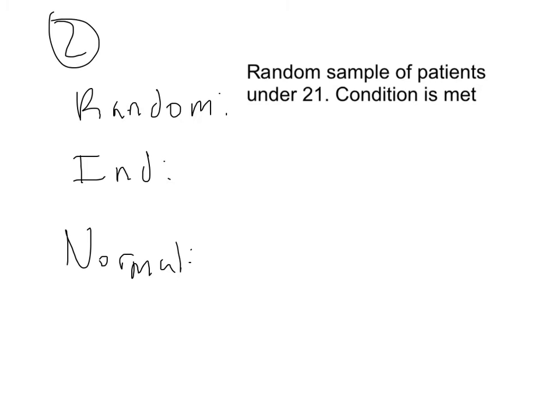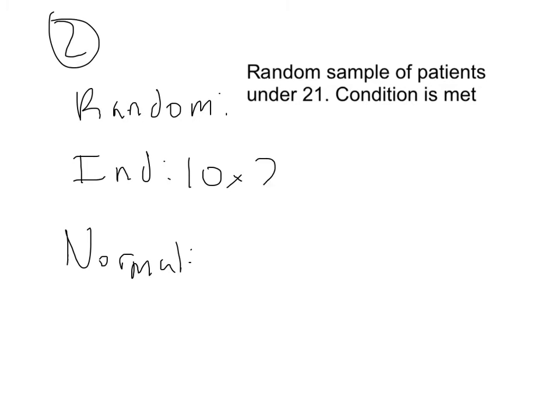Okie dokie. And now if we are going on to the independent step, as you should know, there's the 10% rule, which would be multiplying 10 times the amount of people in the study.